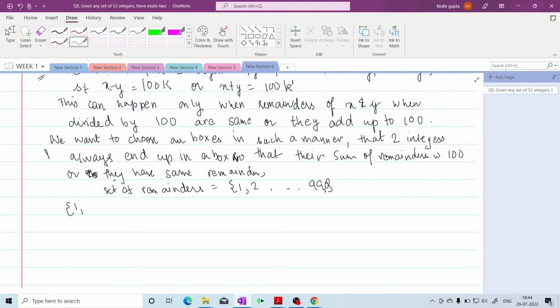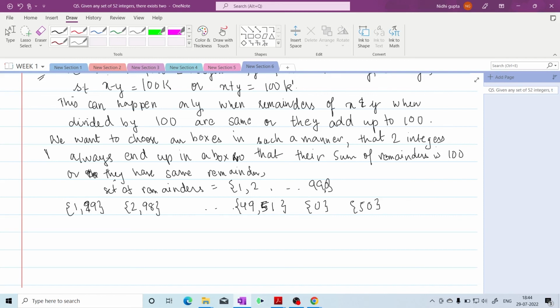So we take our boxes to be these: {1,99}, {2,98} till {49,51}, or {0} or {50}.